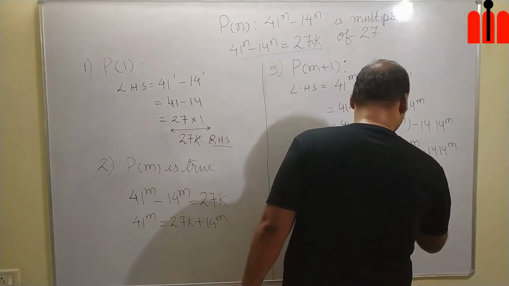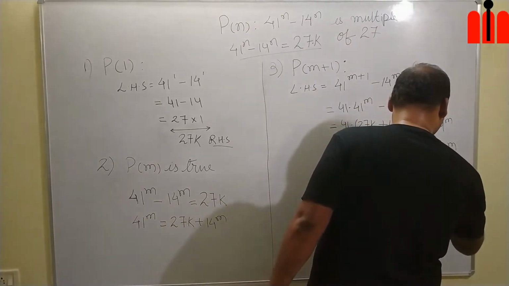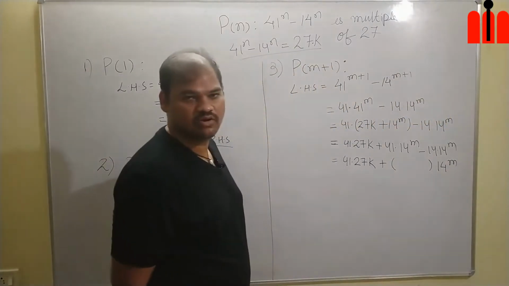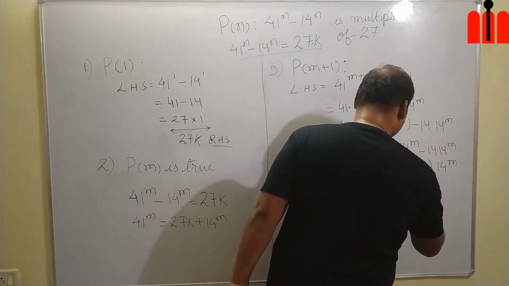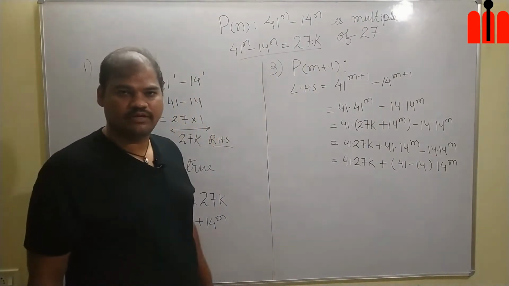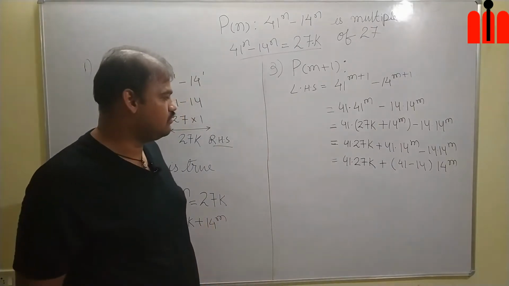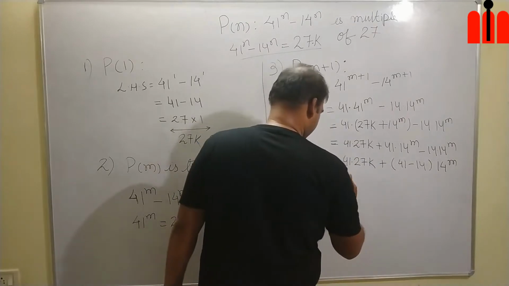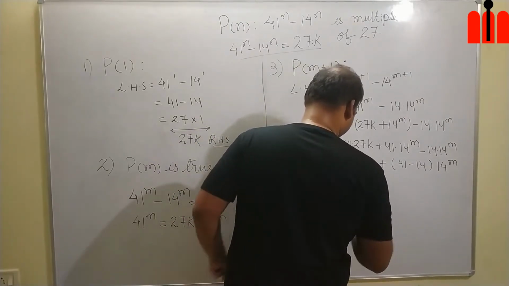So 14 to the power of m is common, and it will be 41 minus 14 into 14 to the power of m. What is 41 minus 14? It is 27.